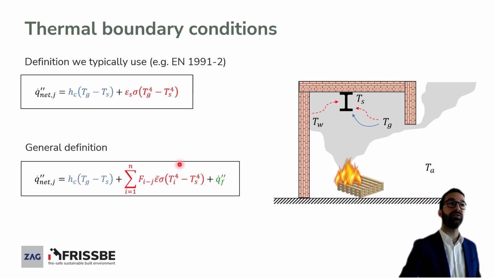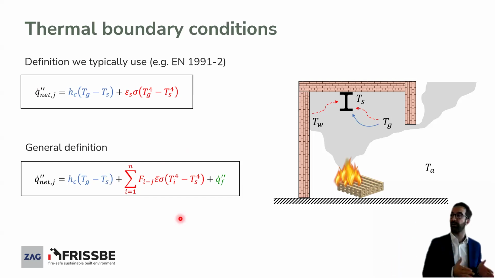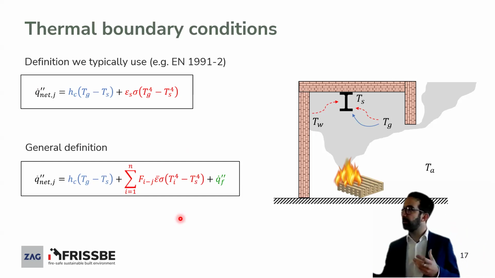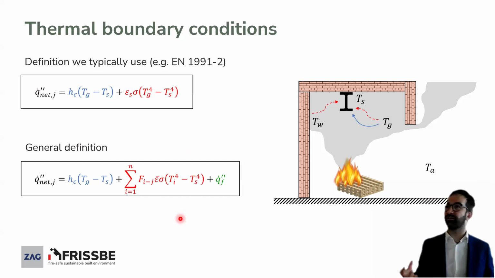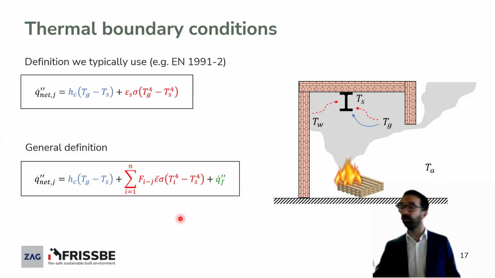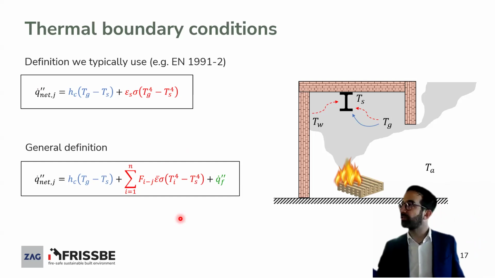But if you want to discuss radiation heat transfer, you have to start thinking: if you don't have an optically thick environment any more, so you don't have a very black smoke that radiates heat at a very high rate, then you have either a transparent environment or a smoke layer which is not so dense. Then you have to think which radiation bodies and radiation surfaces my element is actually exchanging heat with.